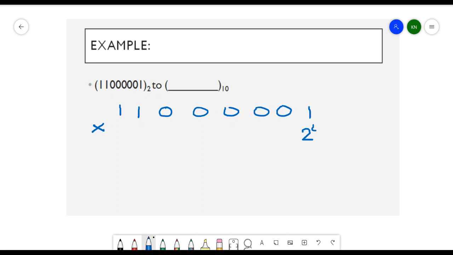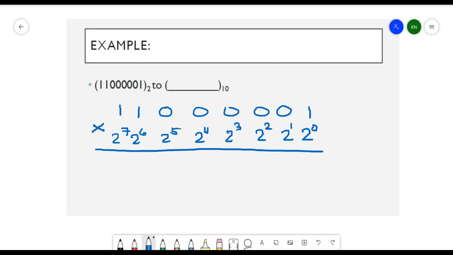So you will start here at 0. The right-most digit will always start at 0, and its power, or its exponent, will increment. So we have 2 raised to 3, 2 raised to 4, 2 raised to 5, 2 raised to 6, and 2 raised to 7. So we need to multiply each of these by the original base and its increasing power.